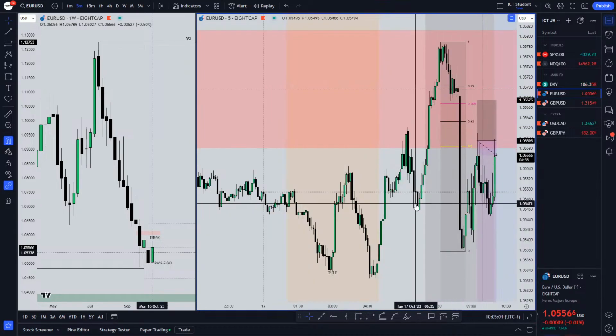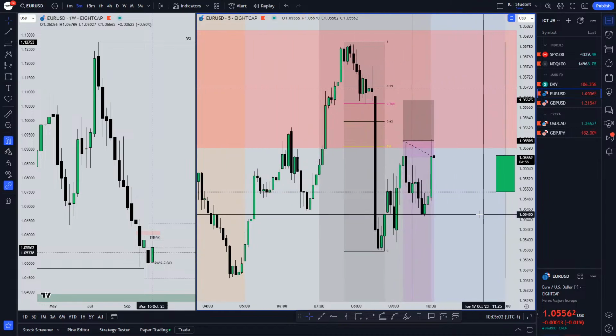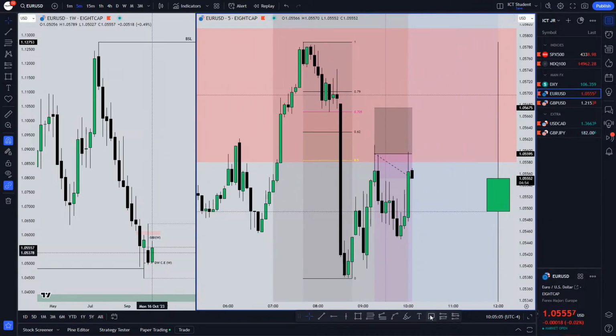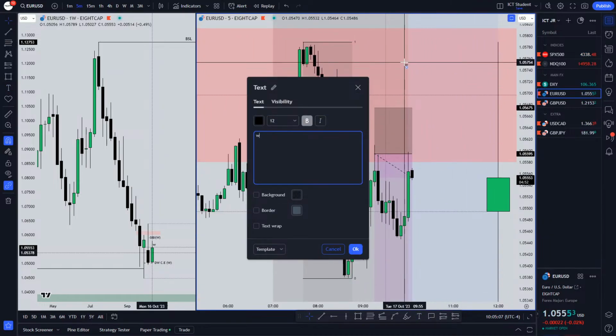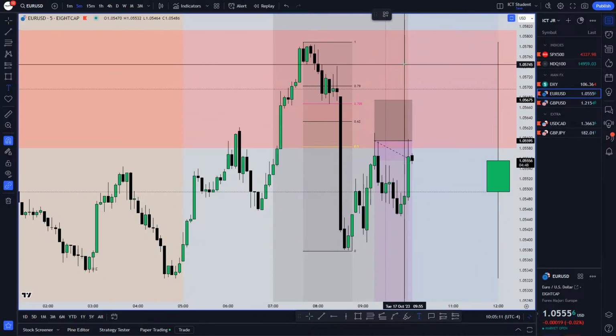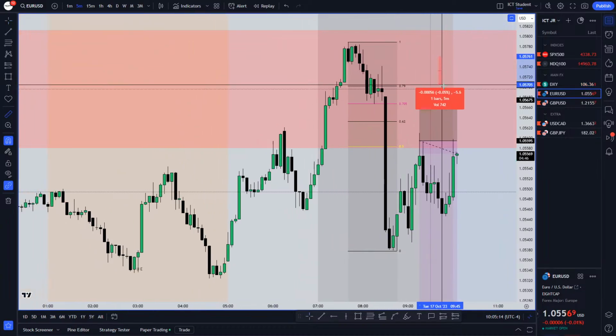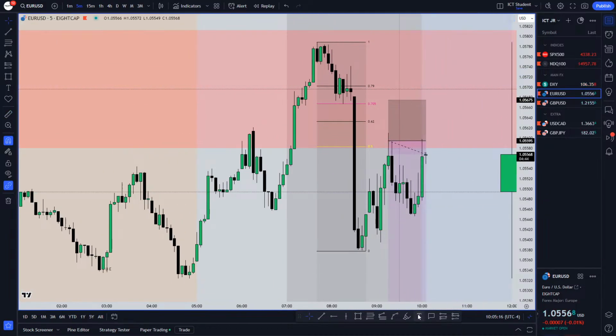Let's see. Other chart real quick. Okay, the text is not in there.